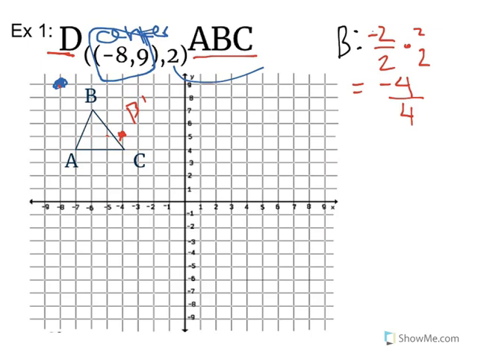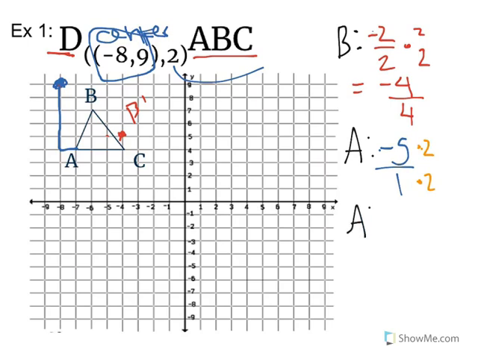Now let's look at A. So to go from the center to A, we're going to go down and right. So we went down 1, 2, 3, 4, 5. So it's -5, and then we went to the right one, -5 over 1. So we're going to multiply both of those by 2, because that is our scale factor.